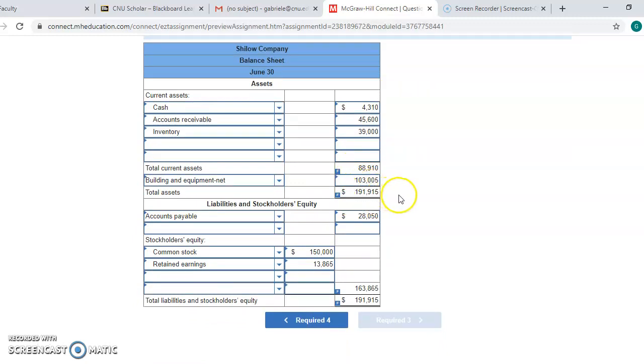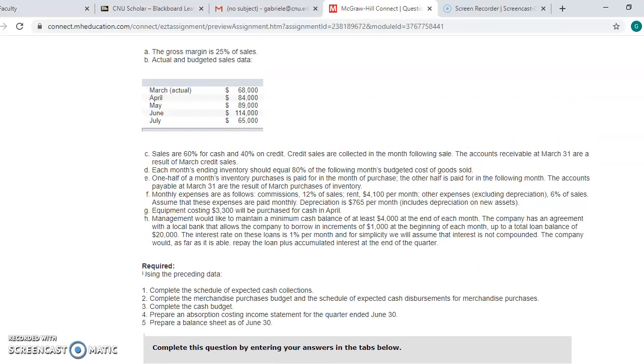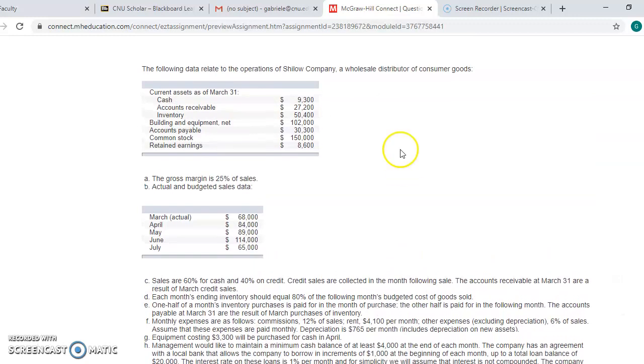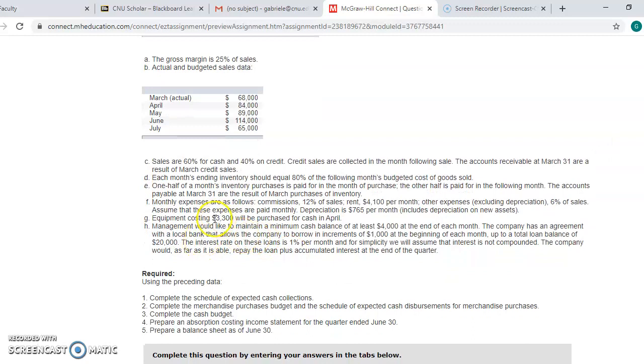Building and equipment net. So you have to go back up here. They had $102,000 worth of equipment net, but then they've also purchased equipment. Let me just add this here real quickly in my calculator. 102,000. They've purchased equipment of 3,300. And then they said depreciation per month.